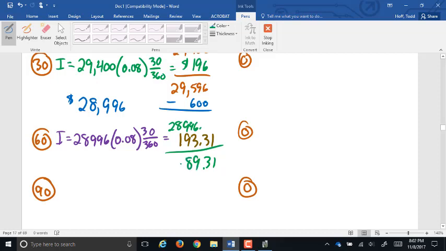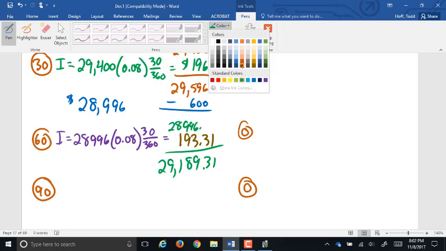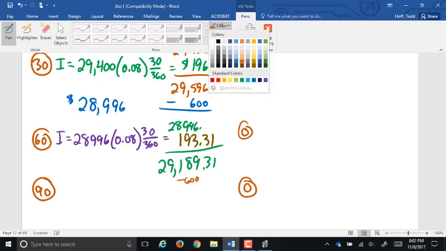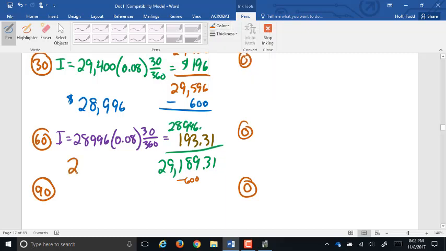So it's 29,189.31. And then we'll subtract the payment of 600. That's going to give us a balance of 28,589.31.